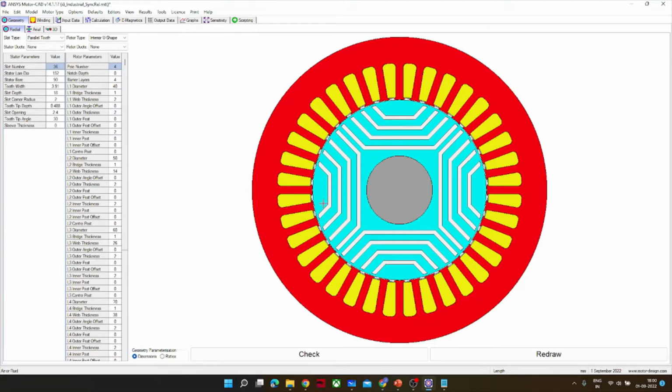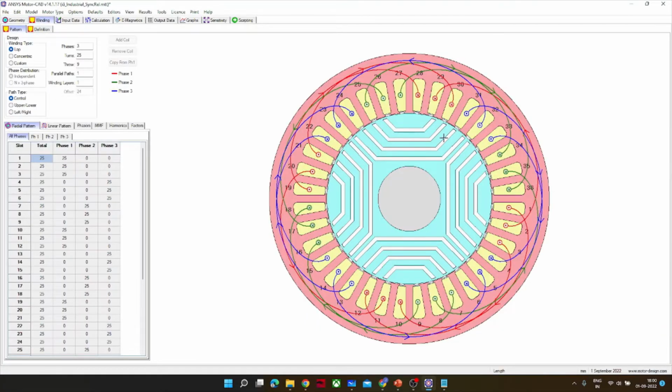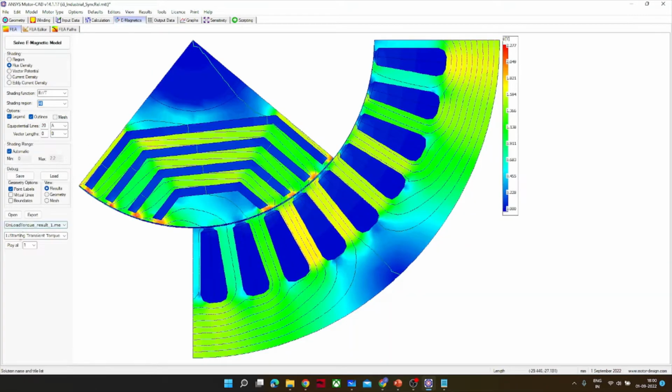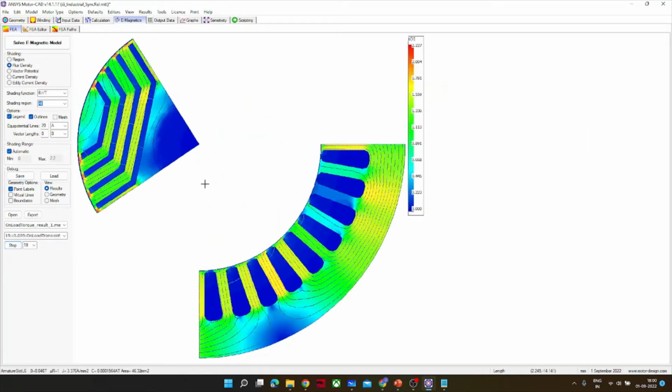But here no copper is present on the rotor side and only the stator has windings. Let me show you the windings as well. You can see here that only the stator is wound and there is no winding on the rotor side. And if you see the flux path, this is how the flux flows in the machine.